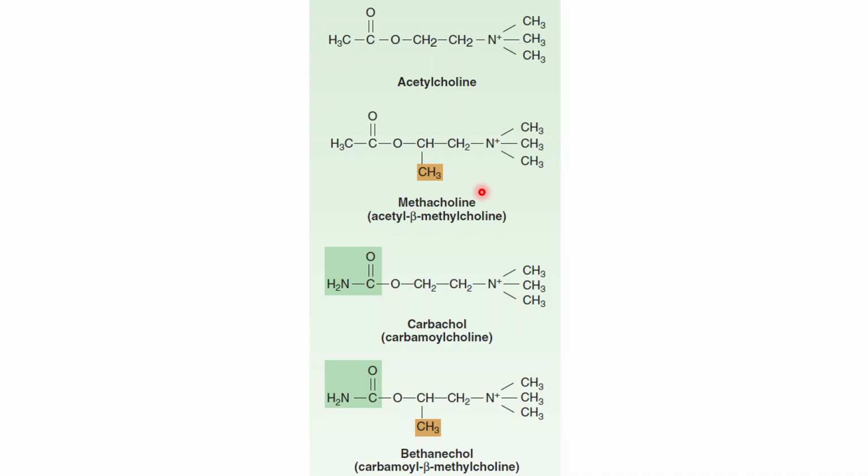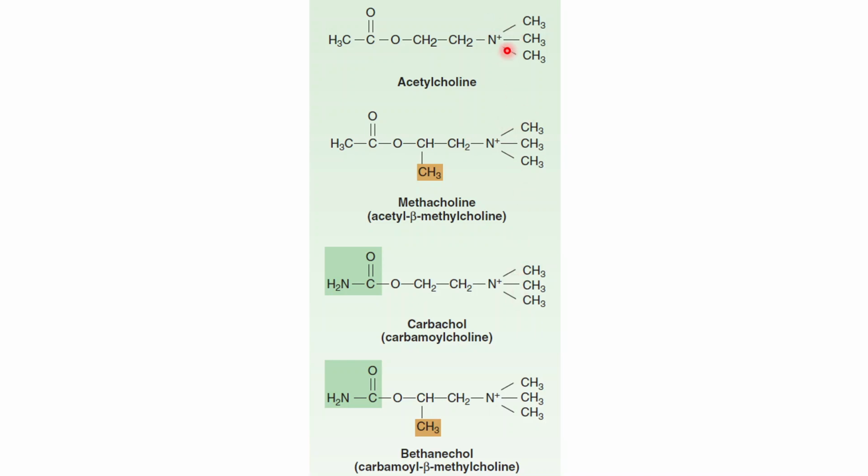Four important choline esters have been studied extensively, and they have a permanently charged quaternary ammonium group. So this is a quaternary ammonium group because it has 4 bonds.